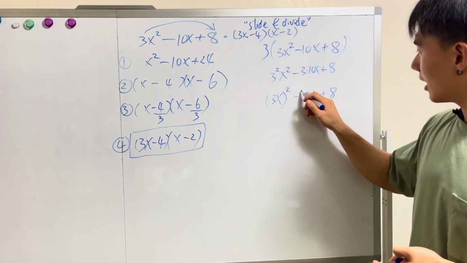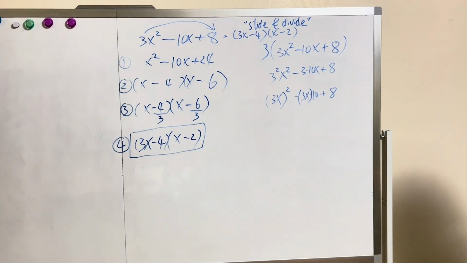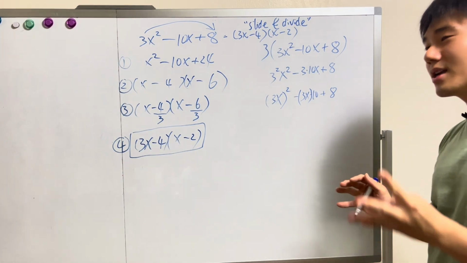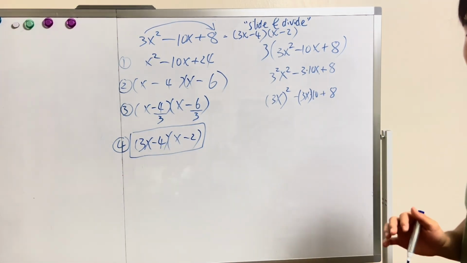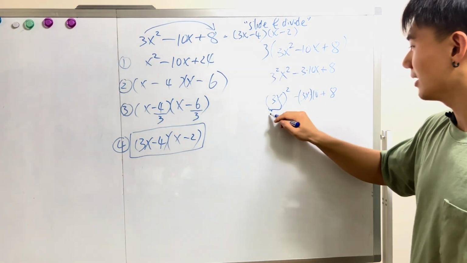Now, right over here, I'm going to put parentheses around 3x. As you can see, we have 3x, 3x. So why don't we introduce a new variable here to represent this 3x? Let's call this y.